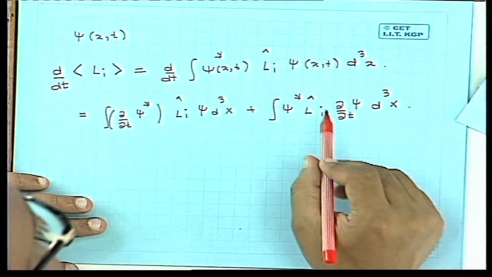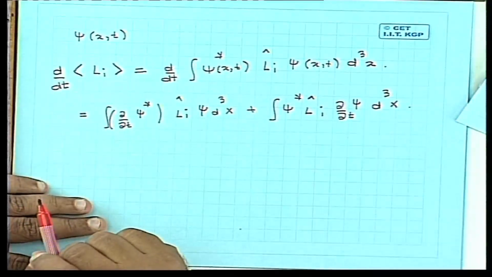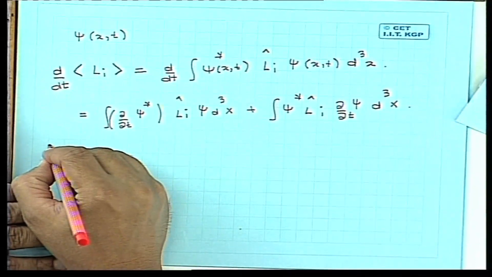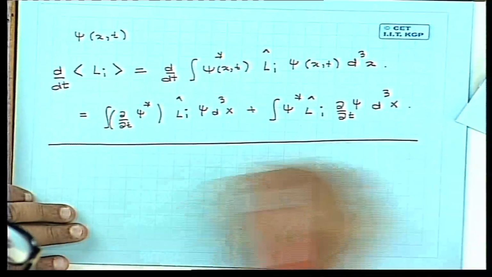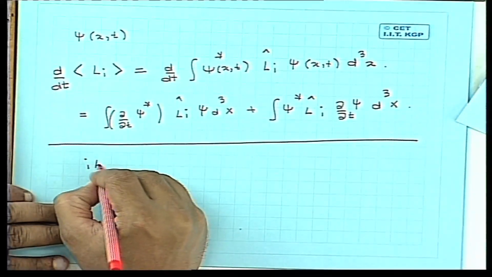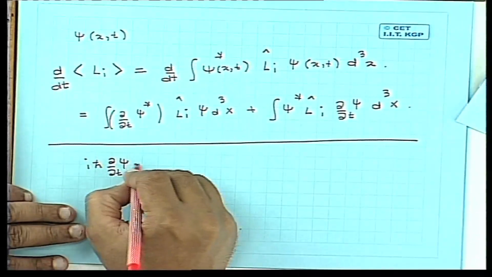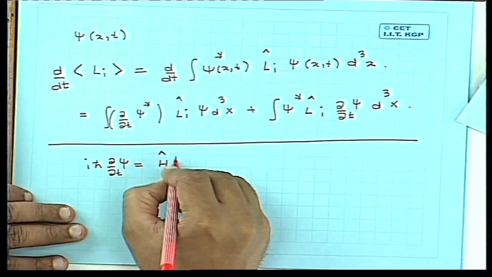Now del by del t of psi, we know what this is. We know that i h cross del by del t of psi is equal to the Hamiltonian operator acting on psi.